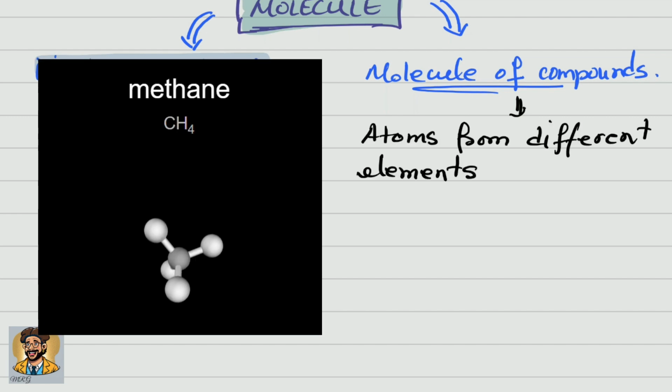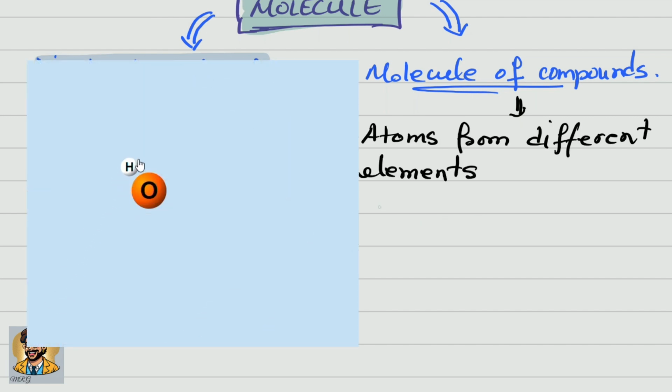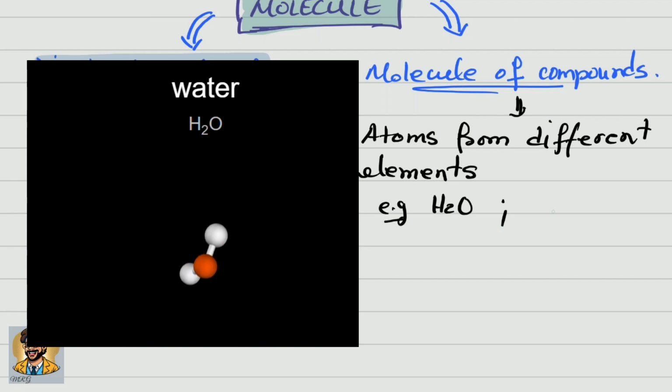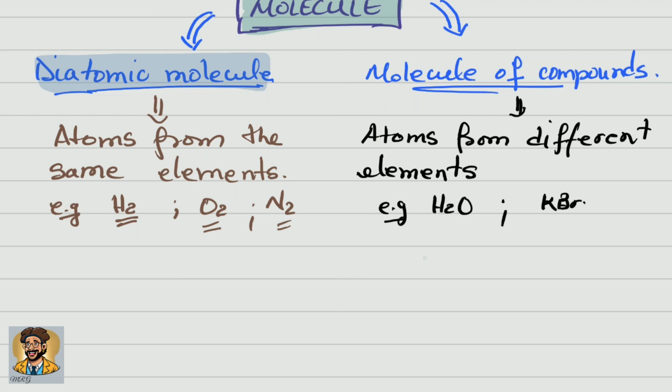For example, we can look at water, potassium bromide, hydrogen chloride, and even methane, CH4. Those are examples of molecules of compound. You can see that you have more than one type of atom there, atoms from different elements.